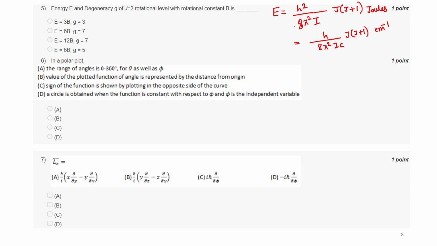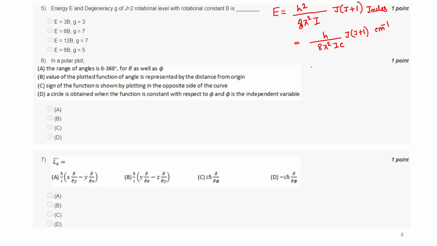How did we get that? Earlier, for numerical problems, we did it, right, the previous day, that we divided E by hc. So your joule divided by hc, you are going to get something in terms of meter inverse or centimeter inverse. If you take the value of c as the speed of light, that is 3 into 10 to the power 10 centimeter per second, then you are going to get centimeter inverse.